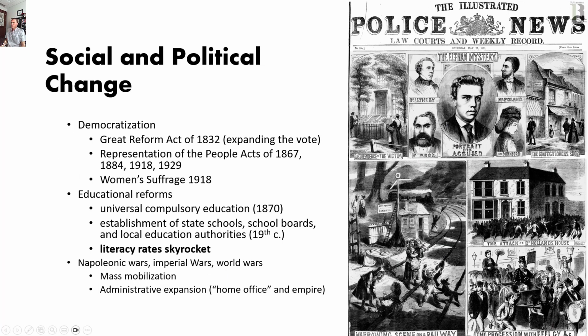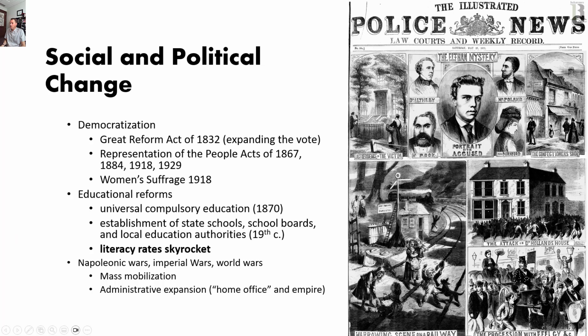So some of the social and political changes that took place in Britain, especially in the 19th century: one thing that went on was democratization. The Great Reform Act of 1832 expanded the vote and got rid of what were called the rotten boroughs. And then there were a number of subsequent acts that expanded the franchise, that is the right to vote, to more and more people.